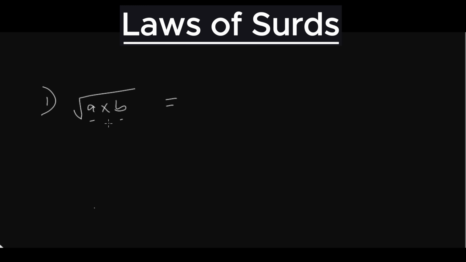So the square root of A times B can also be written as square root A times square root B. So this is one law that will help us when finding the square root of a surd.